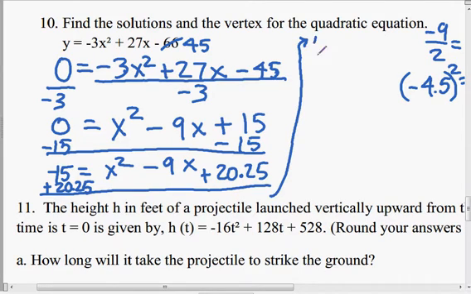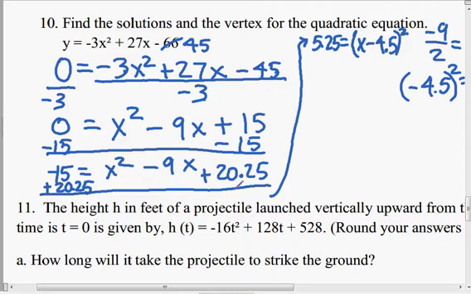I get 5.25 equals x minus 4.5 squared. The whole point in adding my 20.25 is so that I can factor that into x minus 4.5 times x minus 4.5.